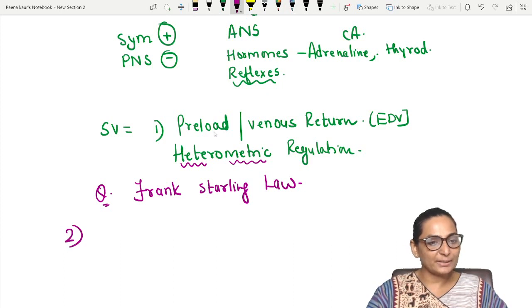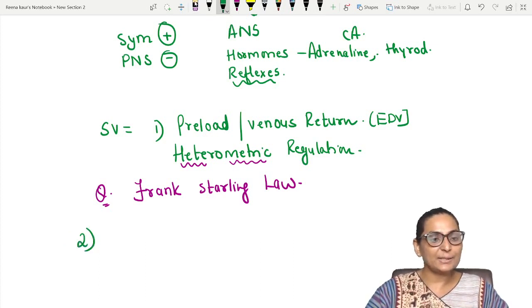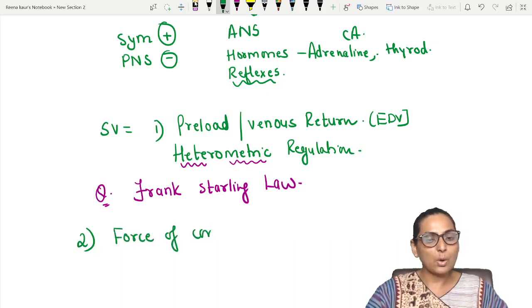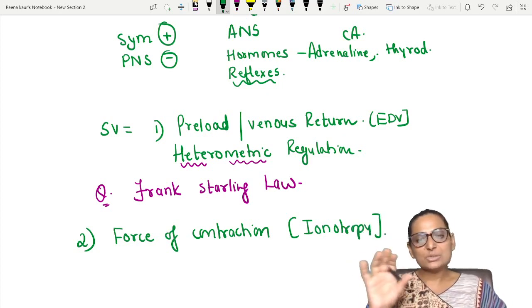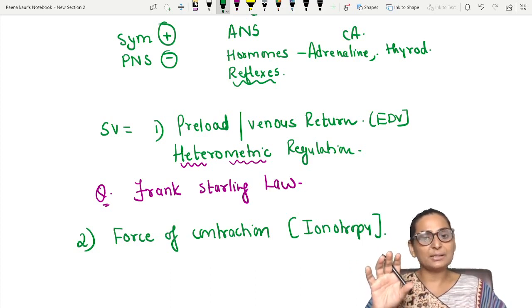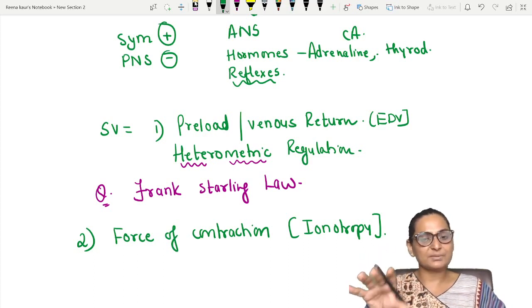The second way is affecting the force of contraction of the heart, that is the inotropy or the inotropic state of the heart. So you are not bringing about any change in the length of the heart. The length of the heart is same. You are only bringing about a change in the force of contraction or the inotropy.